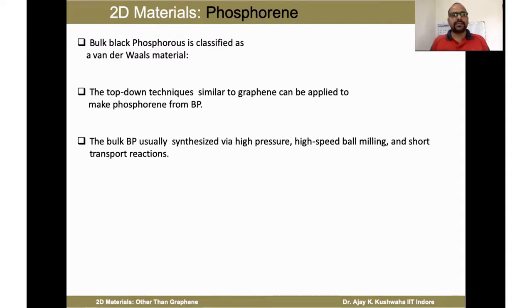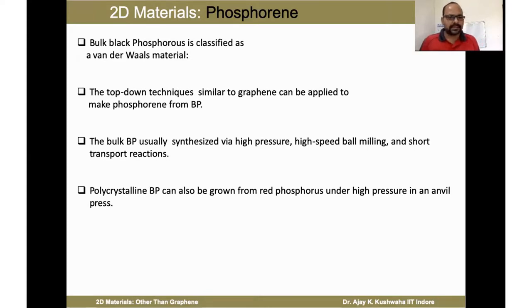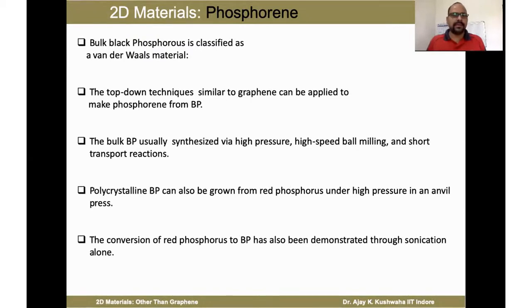We can use different techniques such as high pressure, high-speed ball milling, and short transport reaction. Polycrystalline black phosphorus can also be developed using red phosphorus under high pressure. That red phosphorus can be converted to black phosphorus, and then it can be used for fabrication of phosphorene. So both red phosphorus as well as black phosphorus can be used as precursor materials for synthesis of phosphorene.